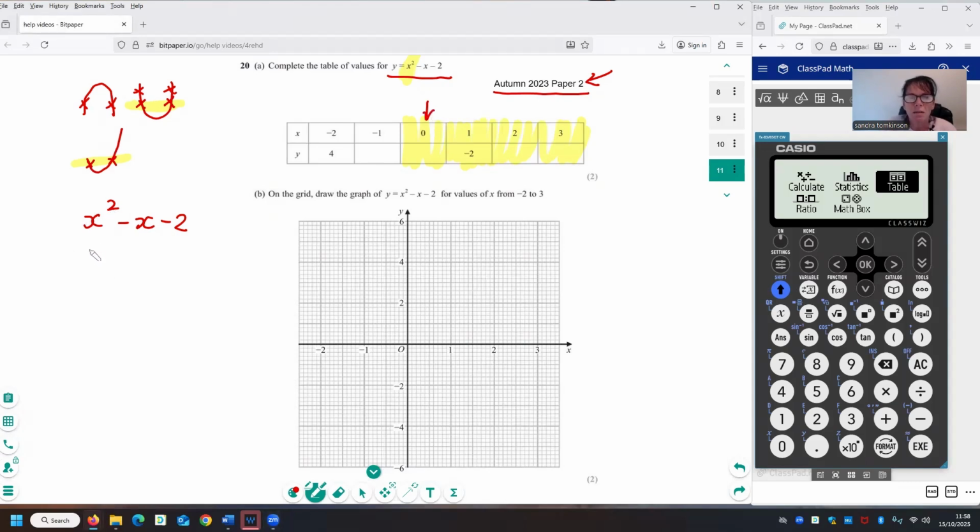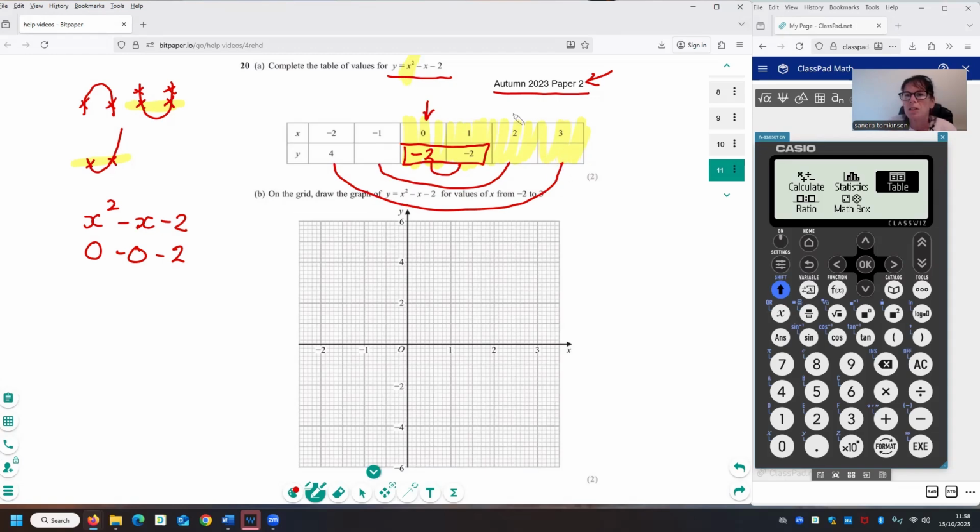So 0 squared is 0, minus x is 0, minus 2 gives me an answer of minus 2. Now already on this one, I've got a matching pair. So if those two are matching, it means that one is going to match that one, and that one is going to match that one. So I already know that this one is going to be 4, but we'll check that.